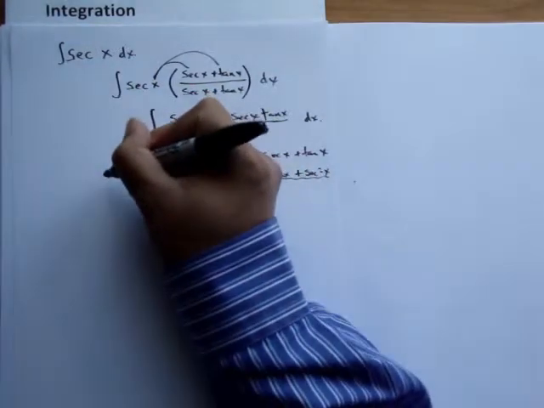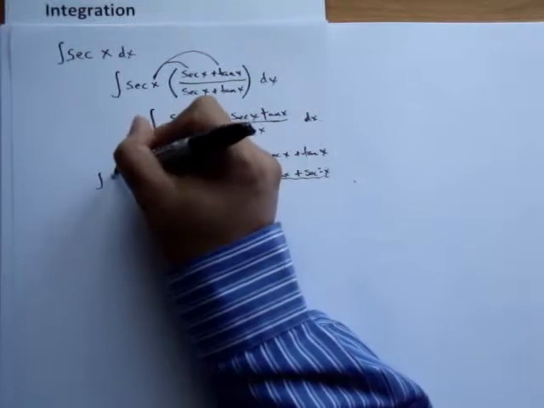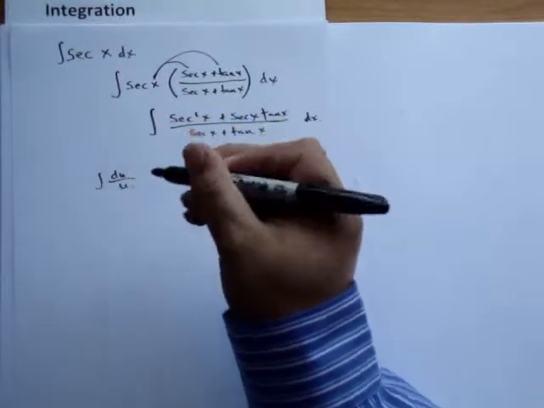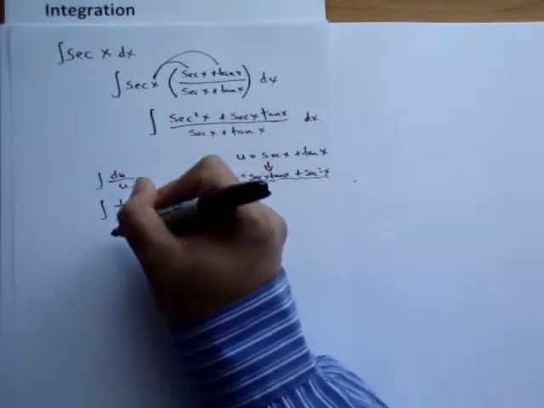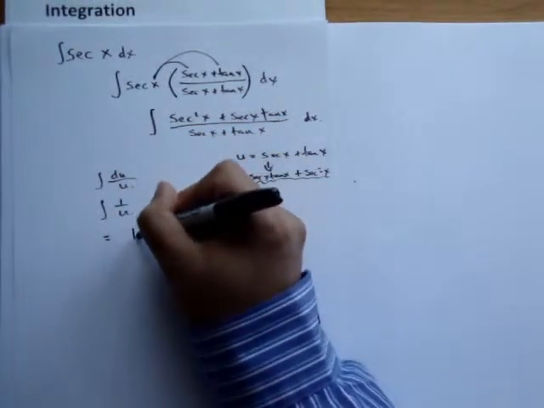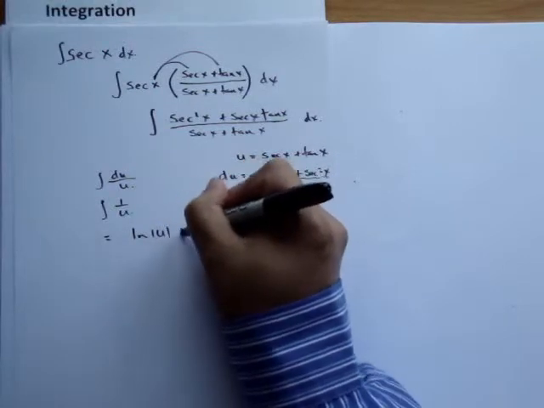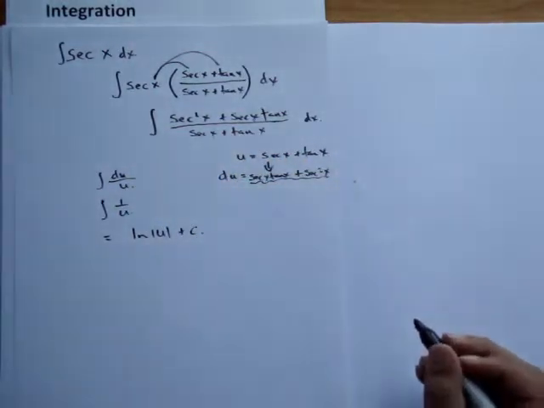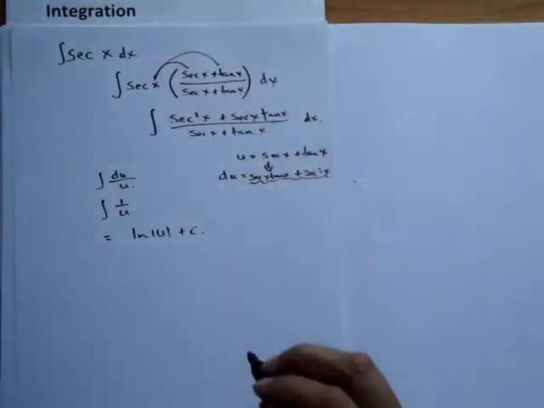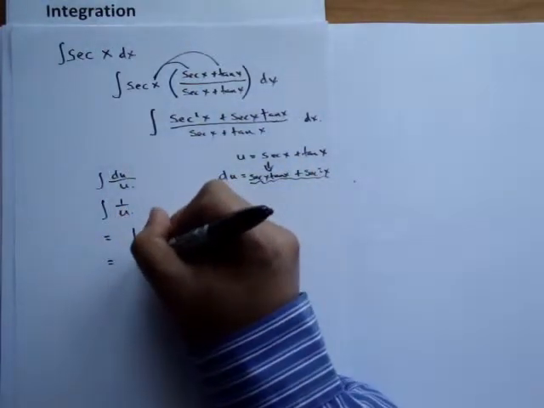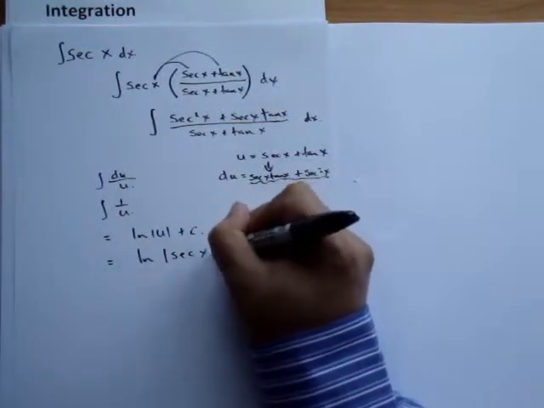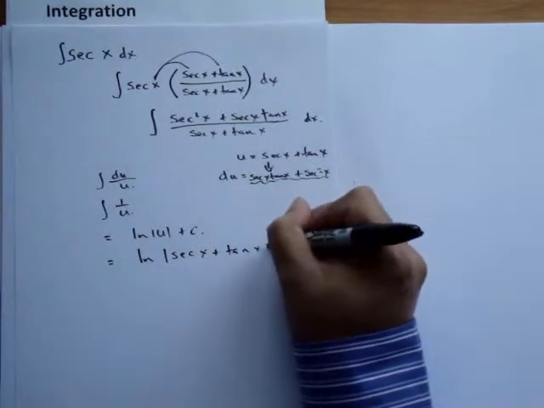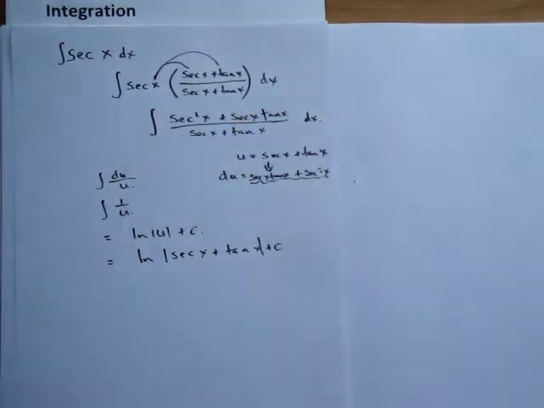So this then becomes the integral of du over u, which is the integral of 1 over u, and when we do that, that's the natural log of u plus c. And then when we replace the u with our secant x plus tan x, we get the natural log of secant x plus tan x plus c. And that is the integral of secant x.